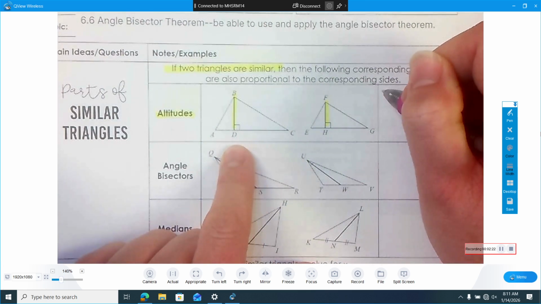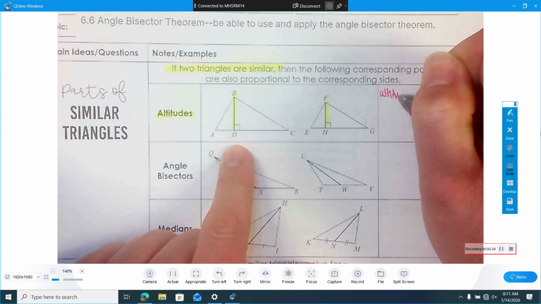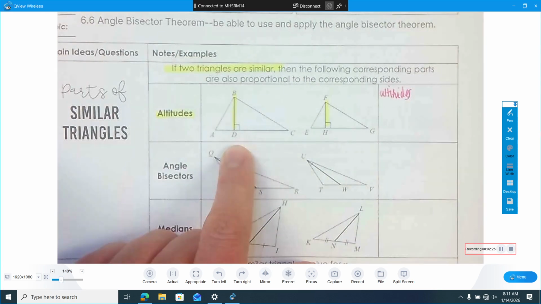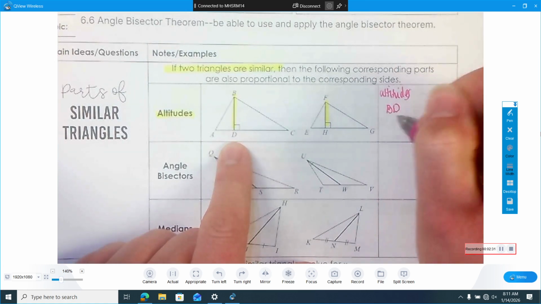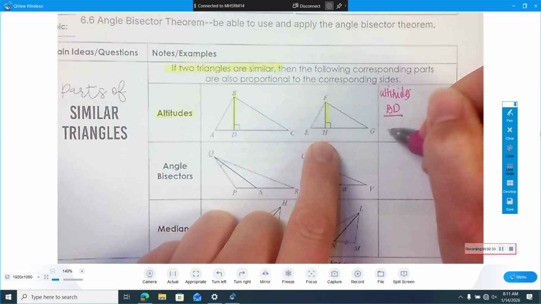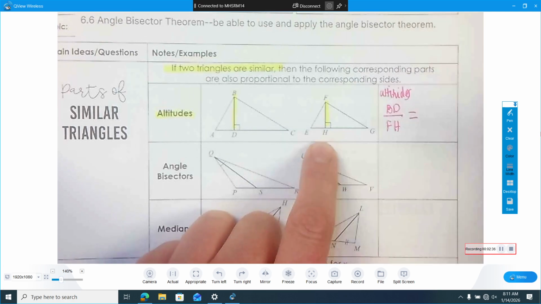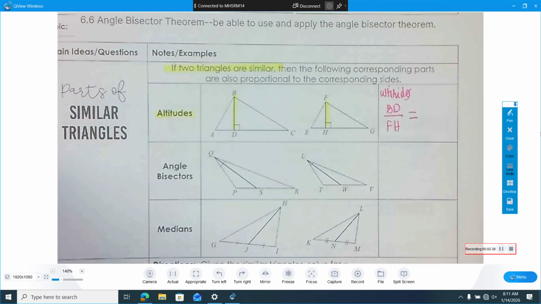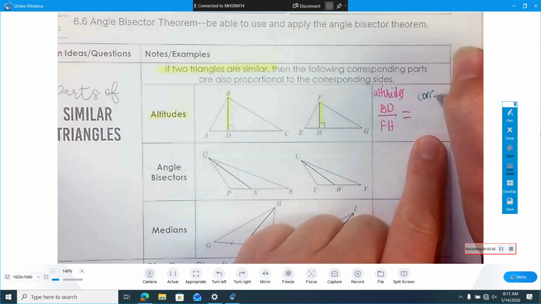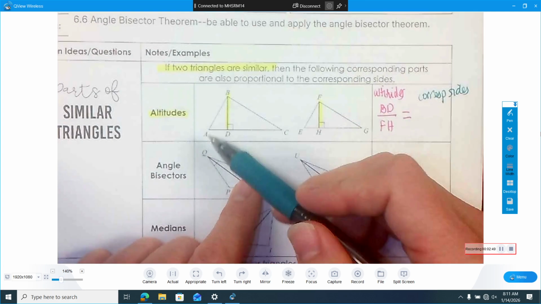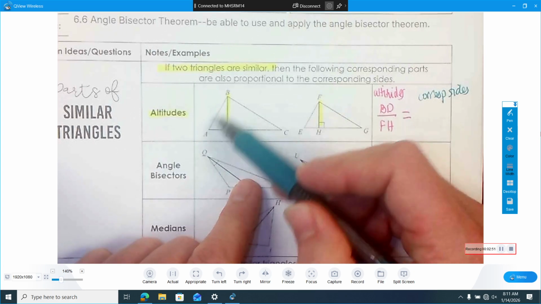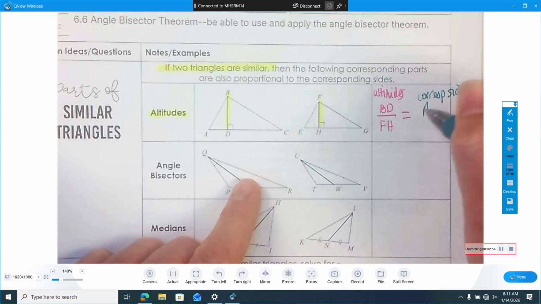But we can say the ratio of these altitudes, BD over FH, is going to be equal to any pair of corresponding sides of those similar triangles. For instance, I could say side AB on top.